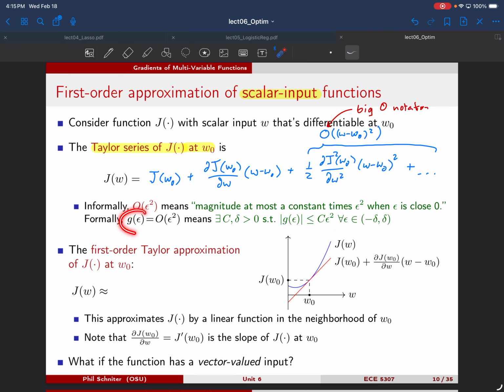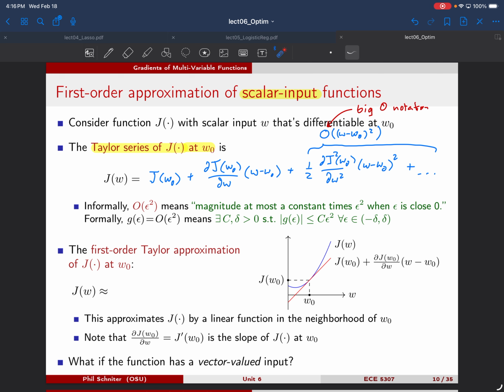If some function g is order epsilon squared, it means you can upper bound the magnitude of that function by a quadratic, C epsilon squared, for all epsilon in the open interval between minus delta and delta. That's the full mathematical definition. But you can think of this as basically that this term is no bigger than quadratic for a region where epsilon is small.